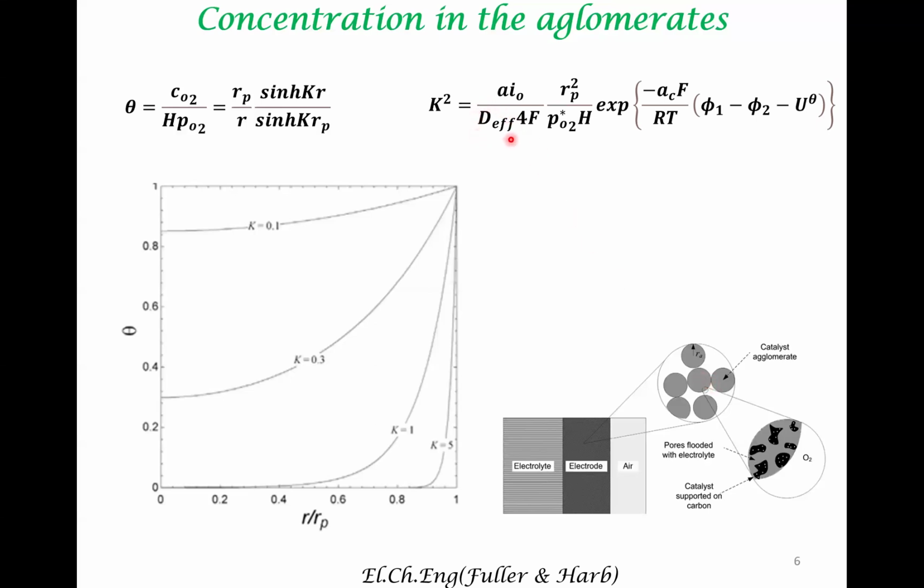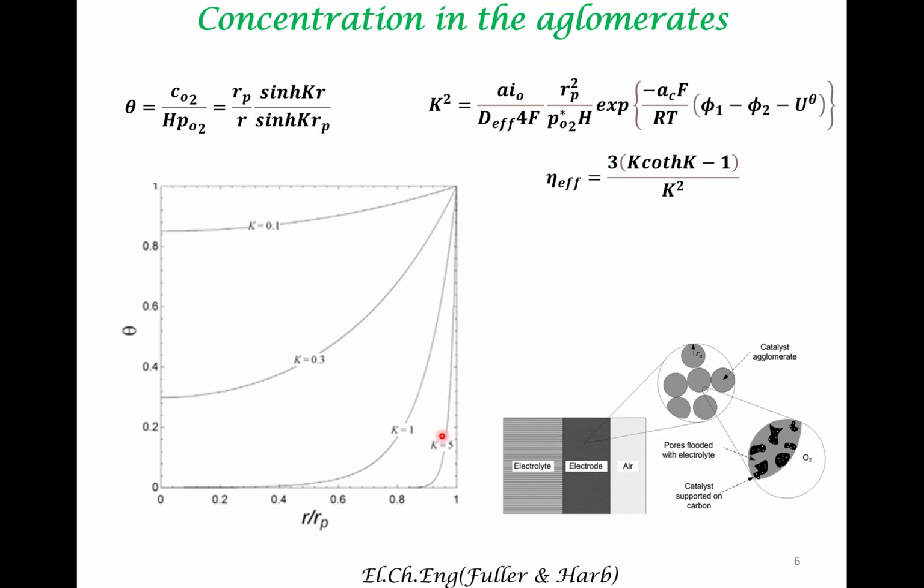If the effective diffusivity for O2 diffusion inside the catalyst particle is less, K would increase. So intuitively, it makes sense to expect that with an increase in K, there is greater inhomogeneity, non-uniformity in O2 concentration.